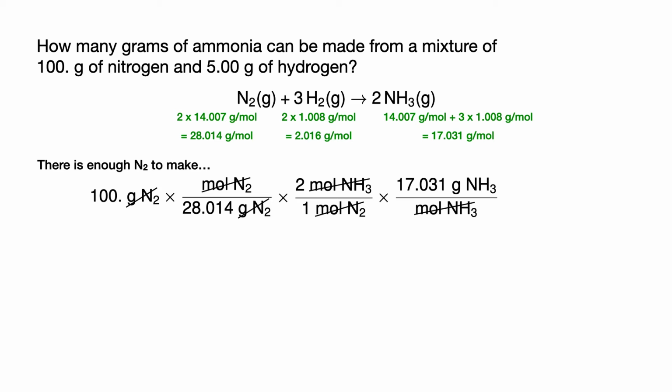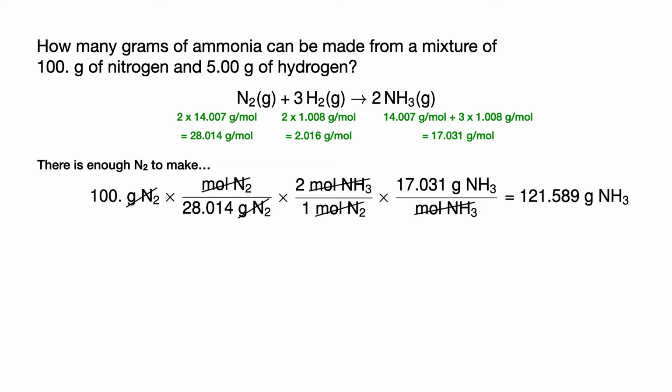And putting these numbers into our calculator, we find that there's enough nitrogen to make 121.589 grams of ammonia. And that's not considering how much hydrogen there is. This is just how much ammonia could we get from the nitrogen if all of that nitrogen is able to react, it could produce 121.589 grams of ammonia.